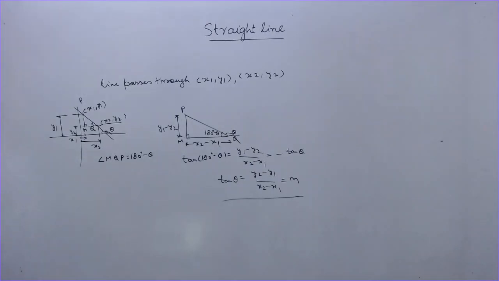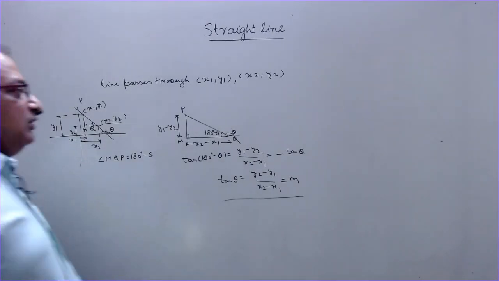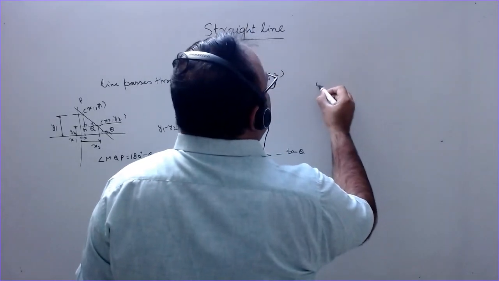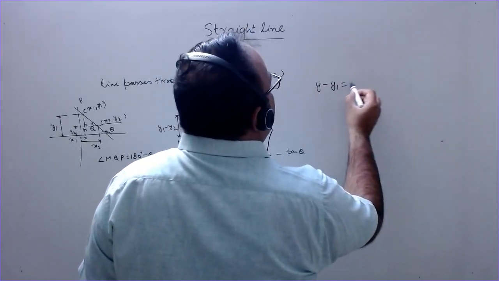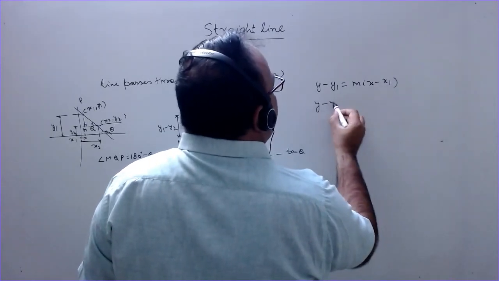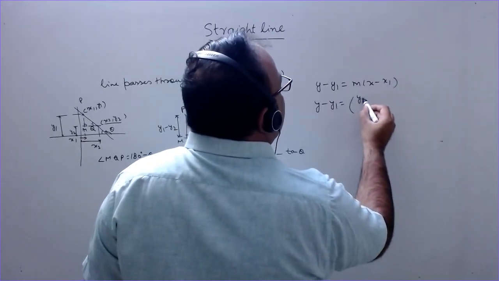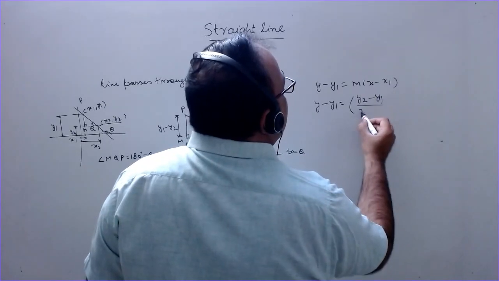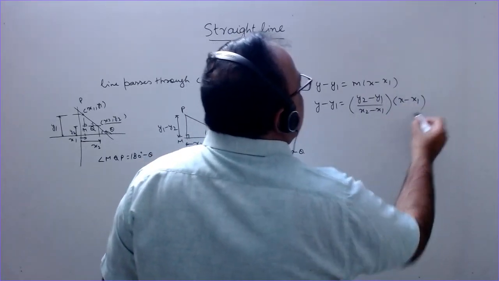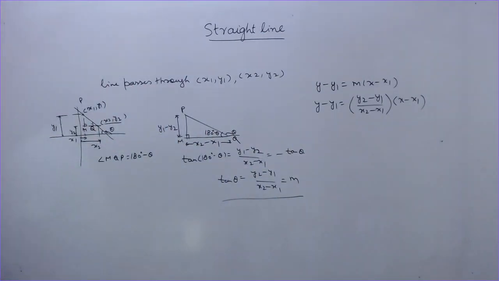So this way you can write the equation of this line. From the previous equation, y minus y1 equal to m times x minus x1, put the value of m here. This is the equation of the straight line.